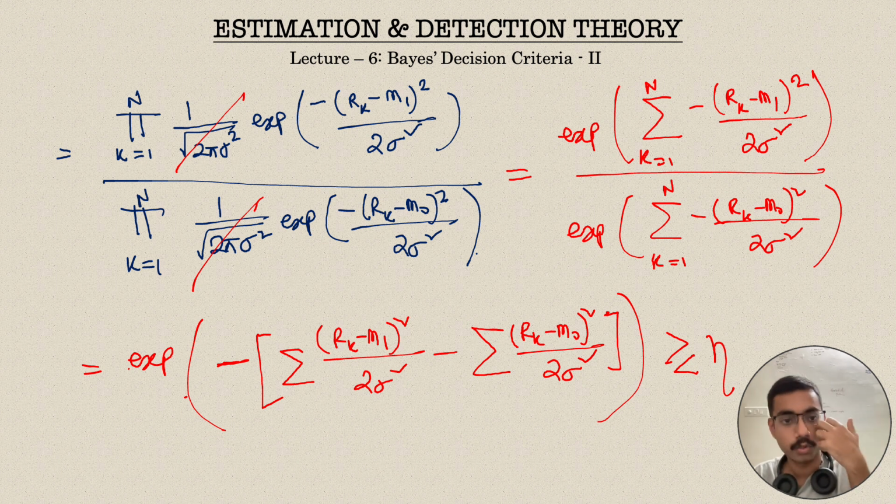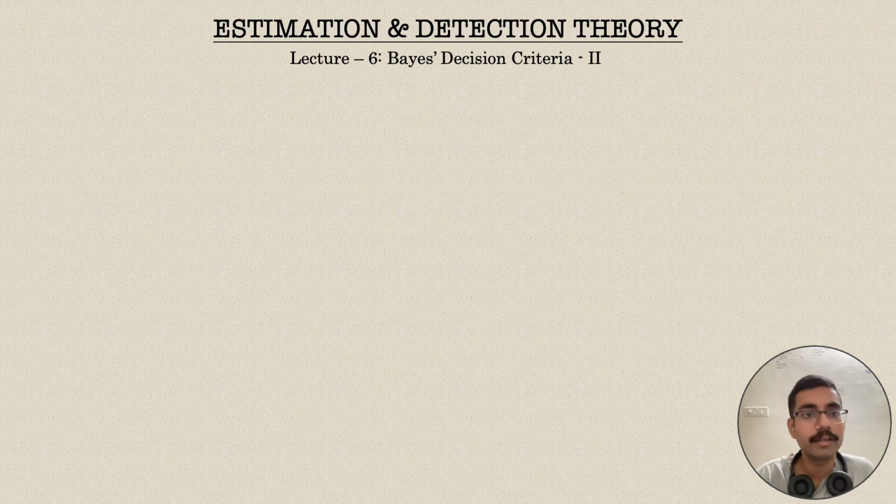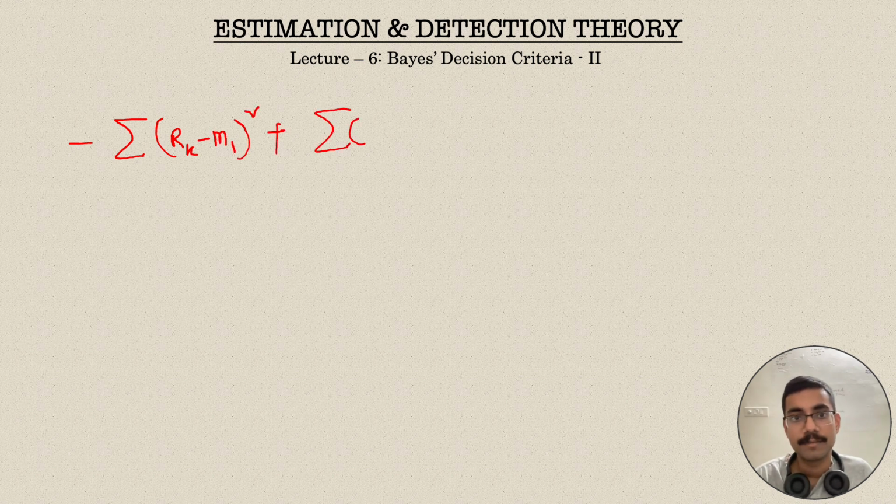Now we'll be acting on the threshold to find the test statistic, to see what the test statistic would actually depend upon. So let's reduce this expression. Let us take logarithm on both sides. If you take logarithm on both sides, you will have summation of rk minus m1 whole square plus summation of rk minus m0 whole square, greater than or less than 2 sigma square ln eta.